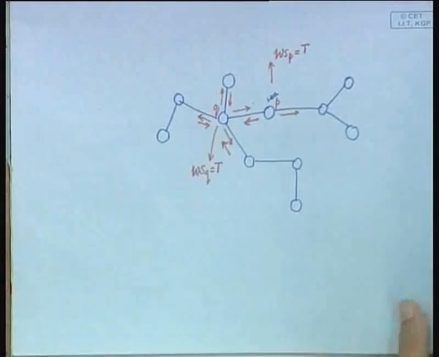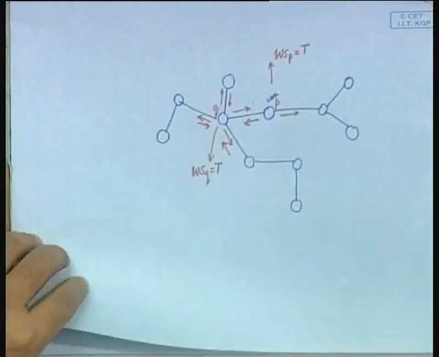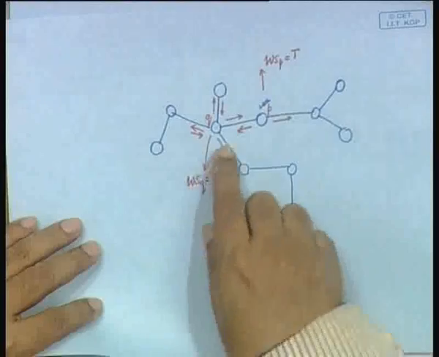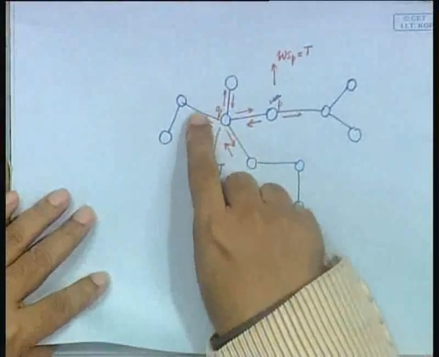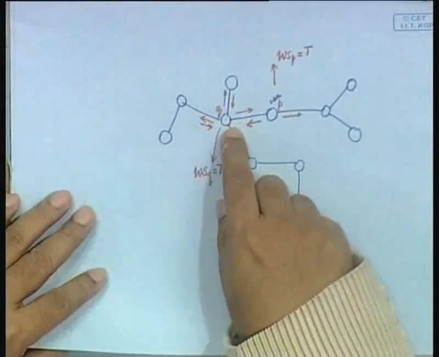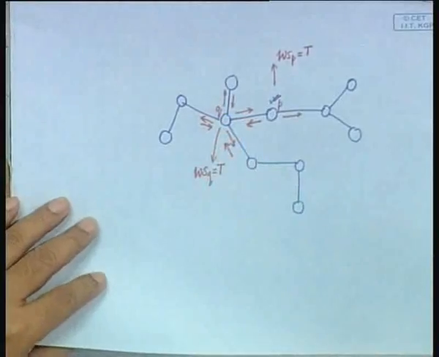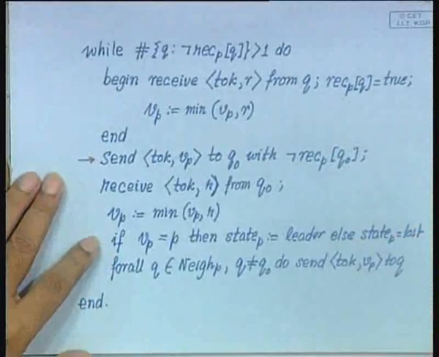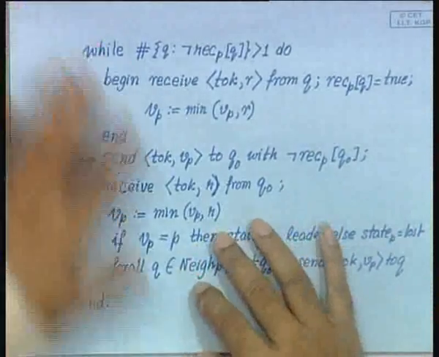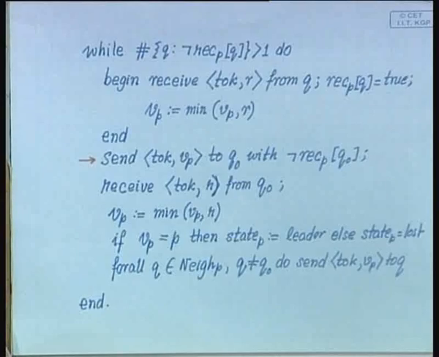Now, let us see what happens when the election algorithm starts. After a process is woken up, that is, it has sent out the wake up calls and got back wake up calls from all the neighbors, let us see what it does. Then we look at two types of processes.